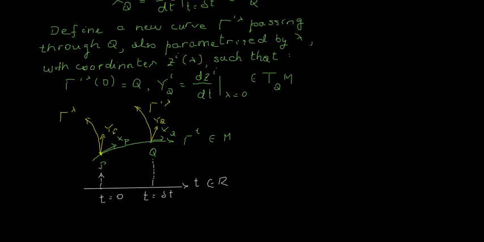You see, this is for you to understand how we construct, on the same curve, where P and Q belong to this same curve, the tangent vectors at P, two tangent vectors, X_P and Y_P, and then at Q, such that t is equal to delta t, we also construct the tangent vectors X_Q and Y_Q. Y_Q is tangent to this yellow curve here, like Y_P is tangent to this yellow curve. t belongs to the reals, don't forget that.